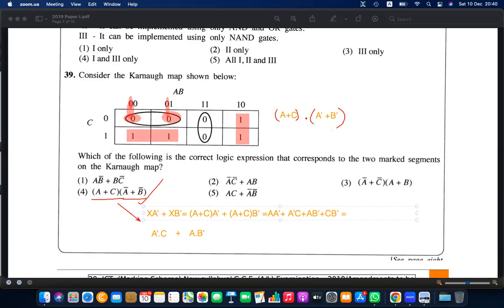Here you can write this as A naught is anyway 0. 0 OR something is that thing. So you can write A naught C there. Then A naught C is there.